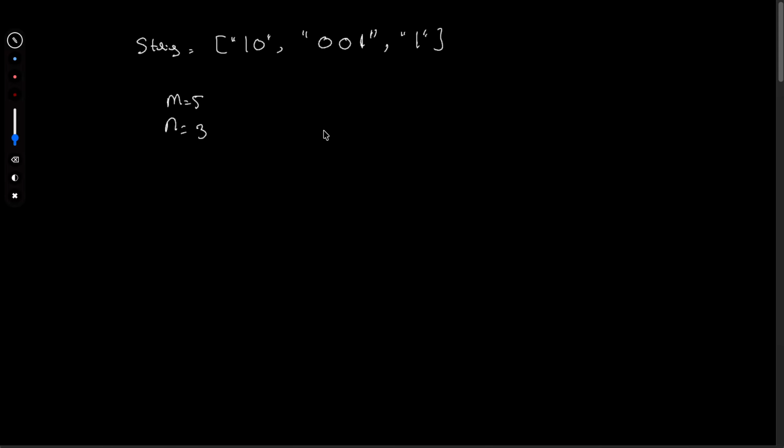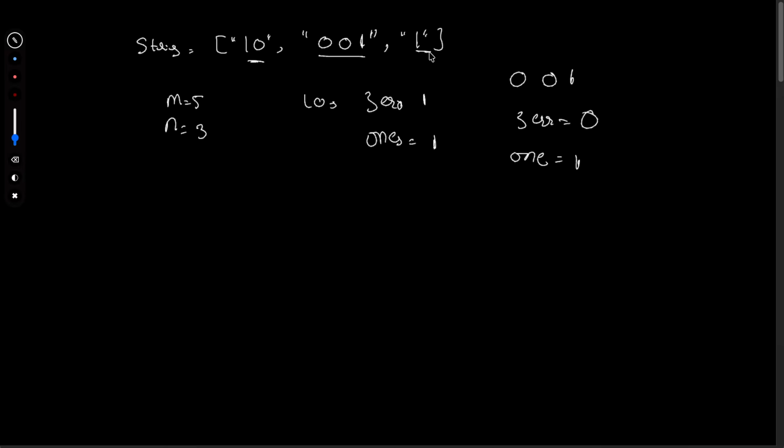The first string is 10: the zeros are 1 and the ones are 1. In the next string, the zeros are 3 and the ones are 1. In the last one, the zeros are 0 and the ones are 1. So we pick 10, this string, or this.